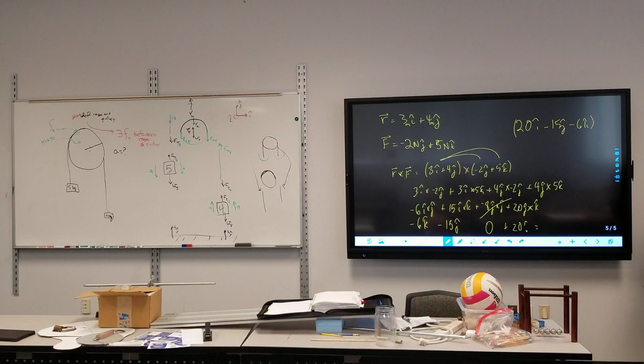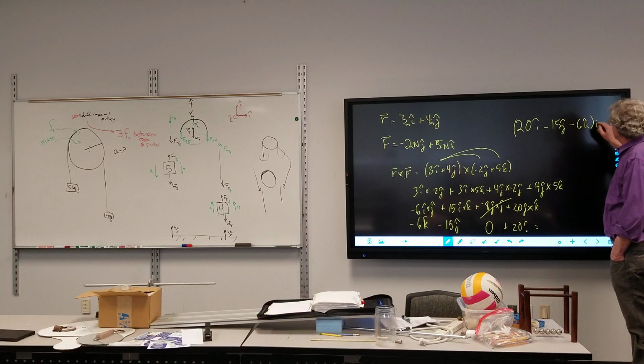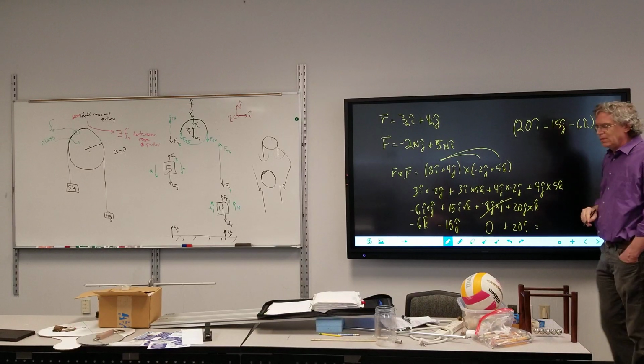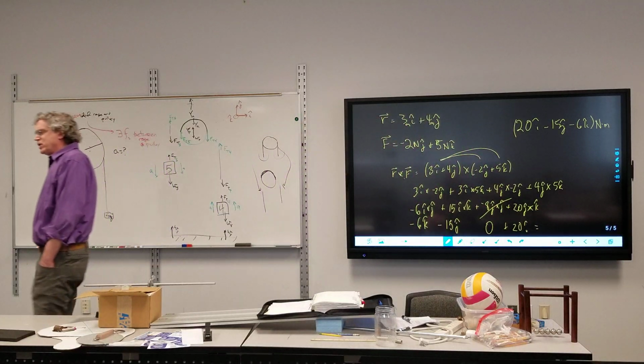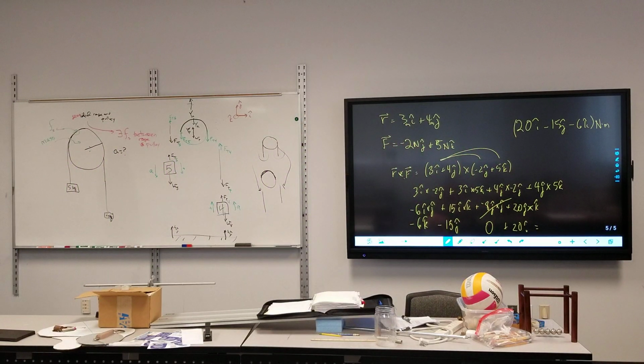And we're left with, what are the units? Newton meters. When we are dealing with work and energy, if you get a Newton meter, that is the same as a joule.